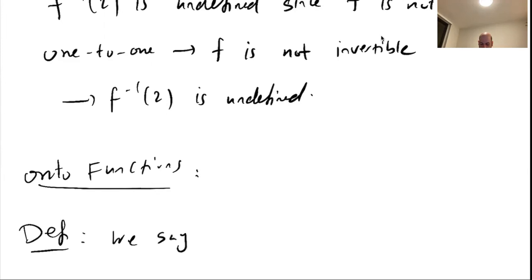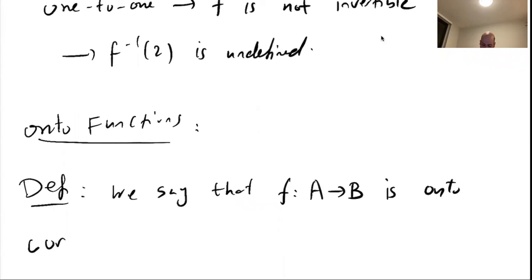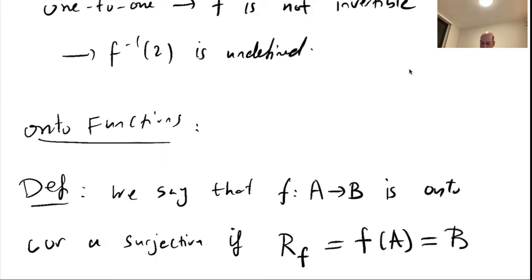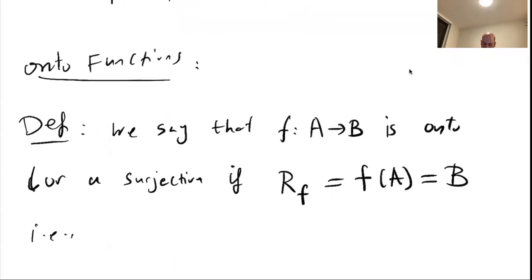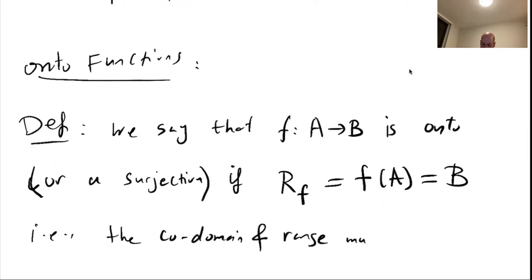We say that f from A to B is onto, or a surjection, if the range of f, which we denote also with f of A, is equal to B, i.e. the codomain and range must be equal.